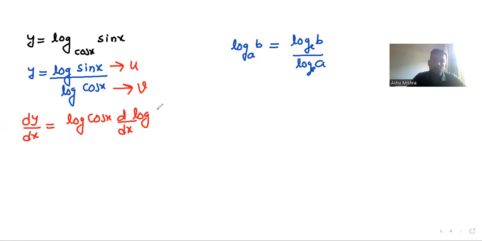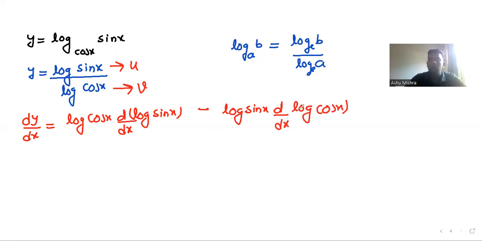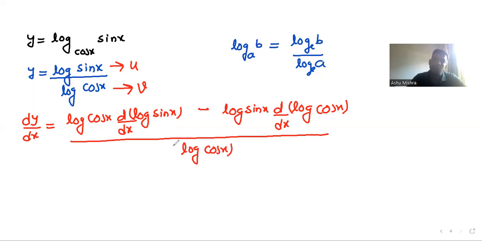log sin x, minus u, that is log of sin x, times the derivative of log cos x, whole upon log cos x whole square.